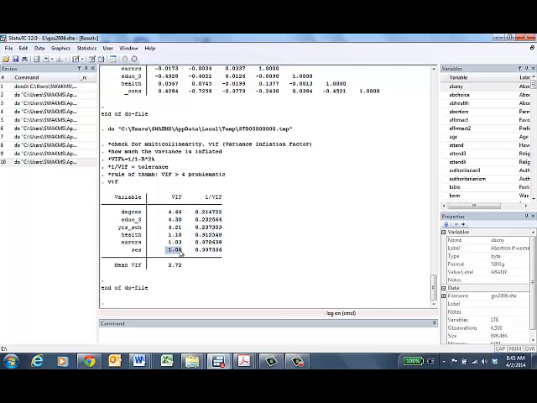So in this case, our kth predictor is sex, and the value is 1, which means that there's no correlation between sex and all the other remaining predictor variables. And so hence the variance of beta k is not inflated at all.